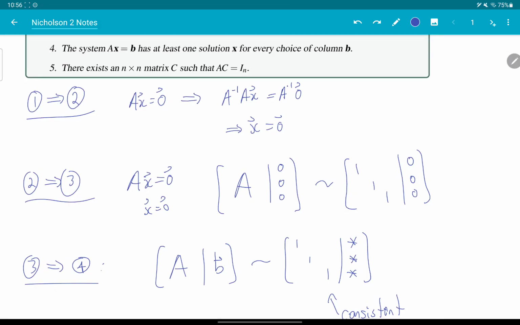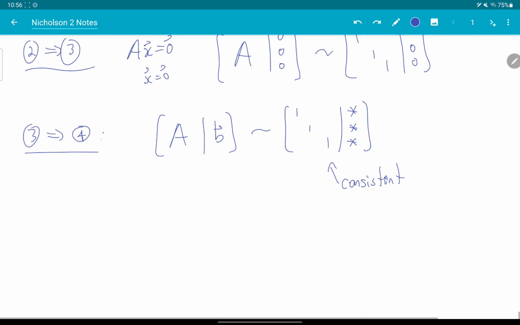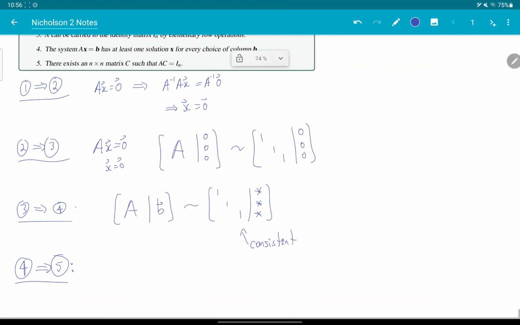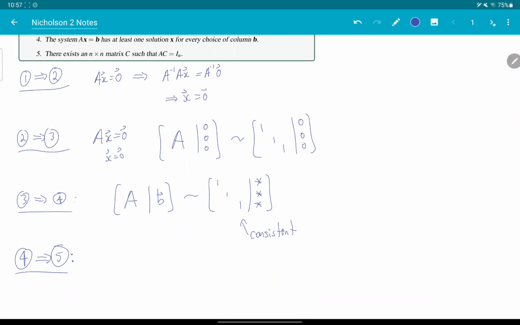Okay, 4 implies 5. This is a little bit trickier. What we're trying to do is show that I can find a matrix C that does this for me.